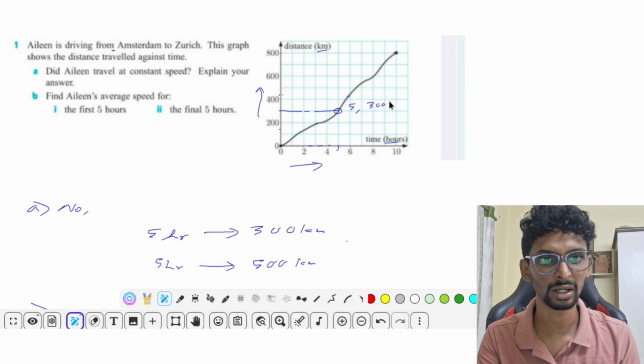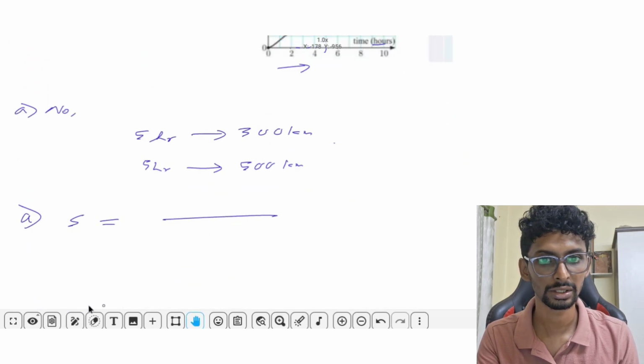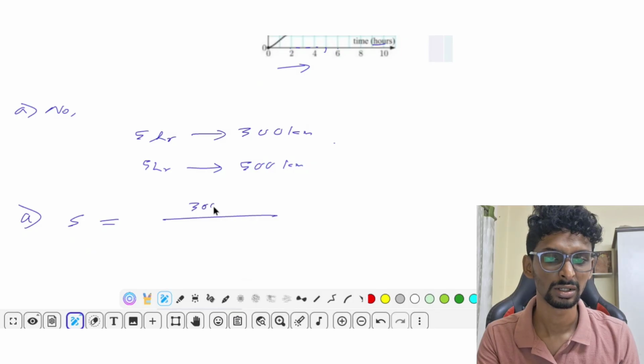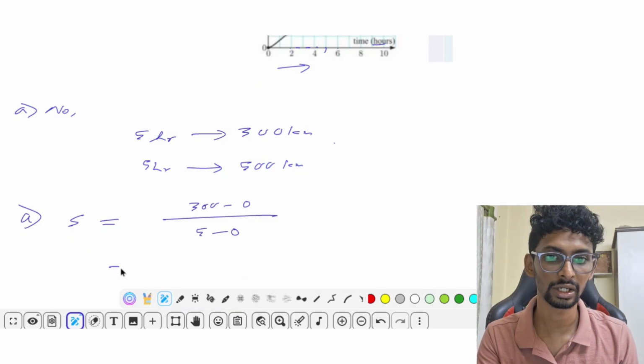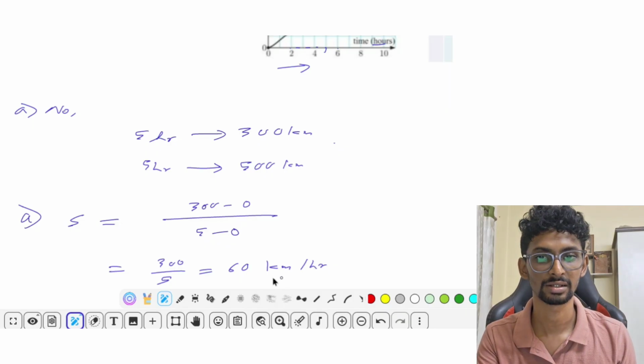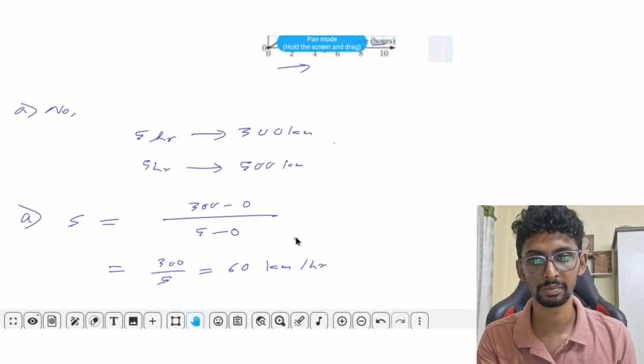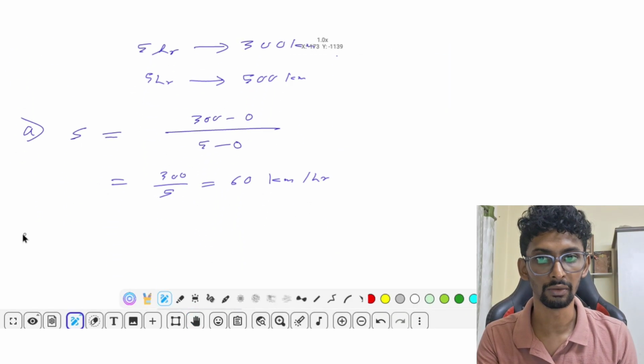So that will be 300 minus 0 divided by 5 minus 0. So 300 by 5, that is 60 kilometer per hour. Clear? Next. Number B, for the last 5 hour.